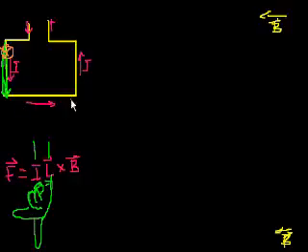Well, think about it. This segment of the wire, this L vector, is parallel to the magnetic field, just in the opposite direction. And so when you take the cross product, remember, you're multiplying the magnitudes of the vectors that are perpendicular to each other. But if this is the L vector right here, there's no component of it that is perpendicular to the magnetic field.